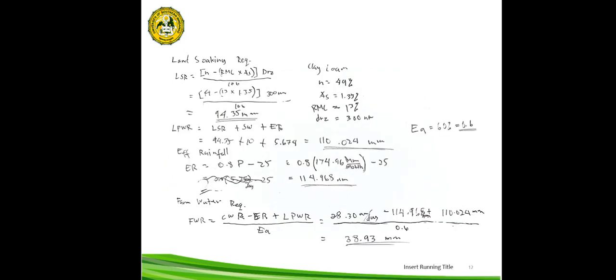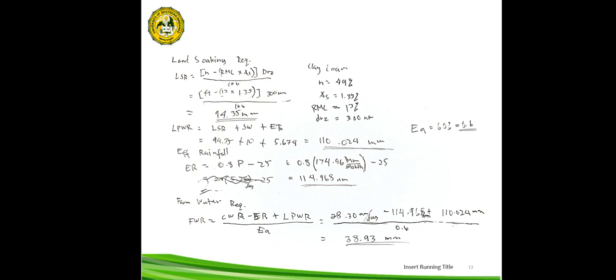For land soaking requirements, LSR is equal to N minus RMC times AS times DRZ over 100. This is from PAES. 49 minus 13 times 135 times 200 mm over 100, because of the clay loam properties.